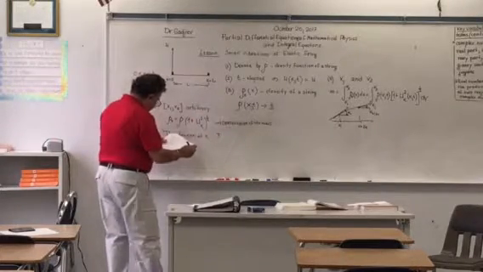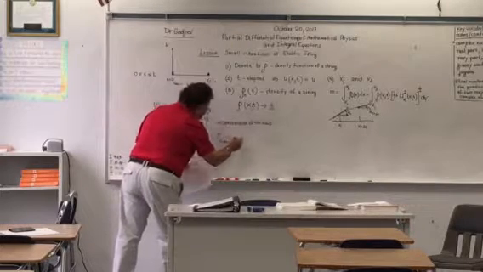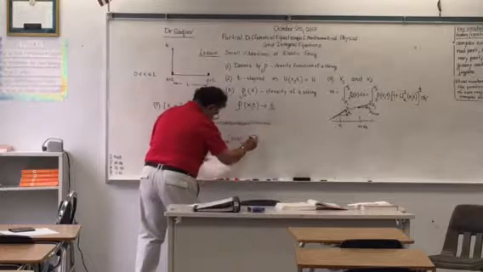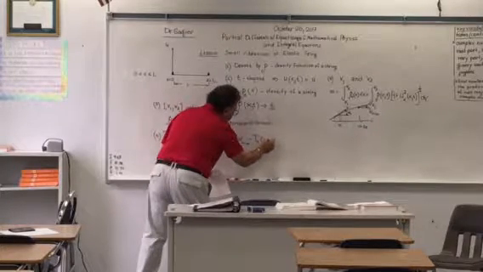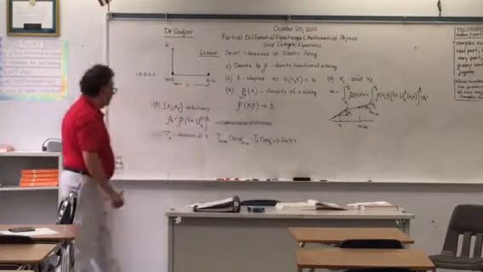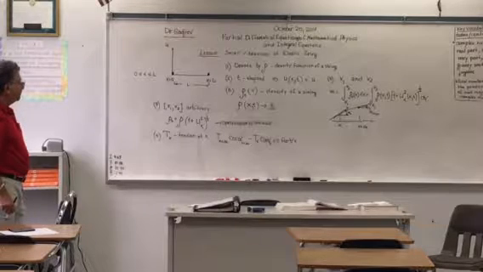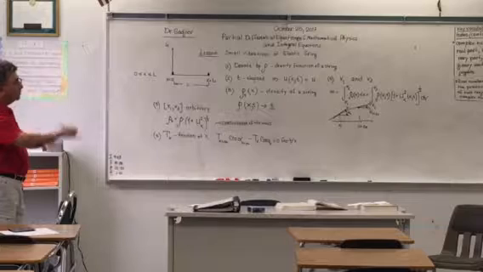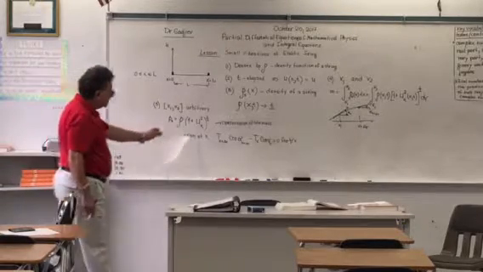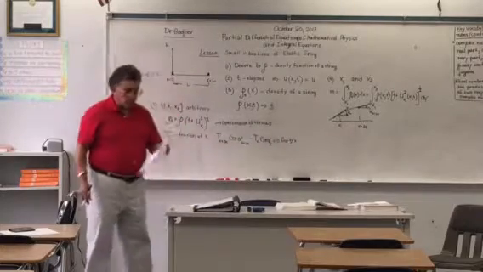So we can write T of x plus delta x multiplied by cosine alpha of x plus delta x, minus T of x cosine alpha of x, is equal to 0 for all x. So this tension function must be balanced alongside the horizontal axis.